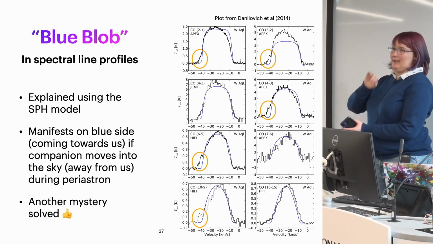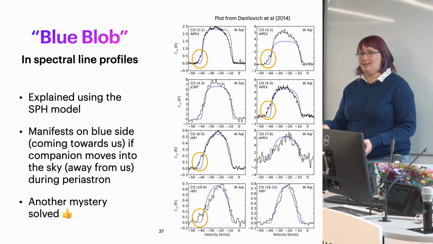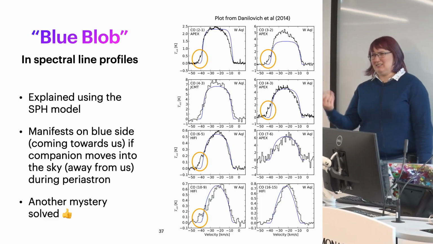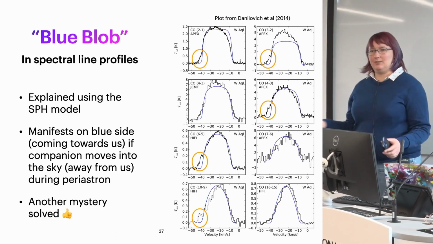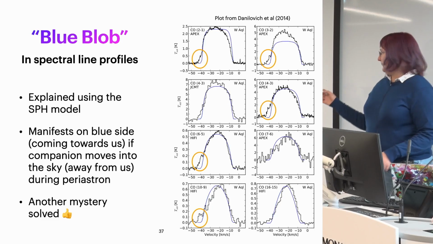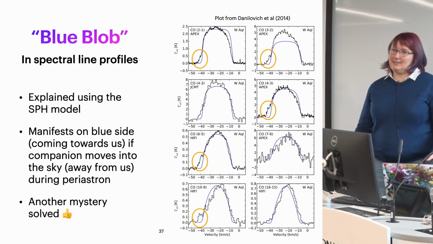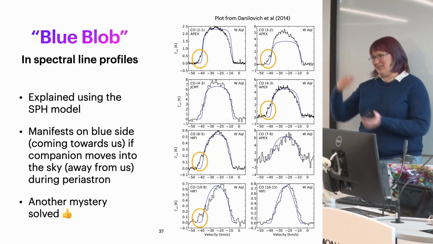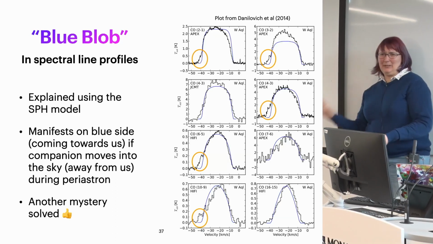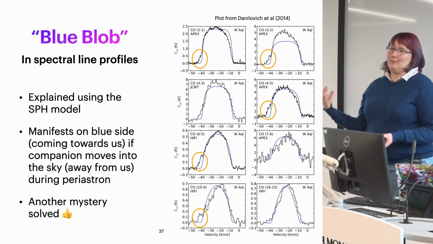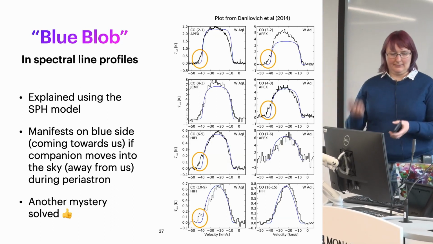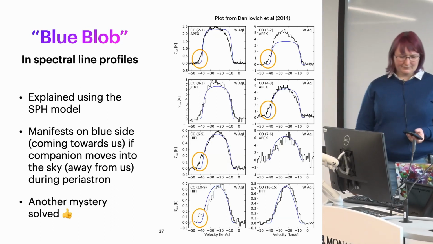At periastron, it's going into the plane of the sky, which is not something we could determine any other way. So the fact that we do have this asymmetry in the blue and red helps us constrain this. That's exciting, because otherwise it would just be, oh, it's eccentric, we don't know, is it coming towards us now, is it going away? But this all seems to point to the fact that it's mostly moving in the plane of the sky, but at periastron it was moving into the plane of the sky.